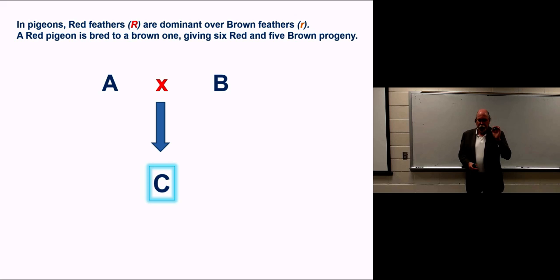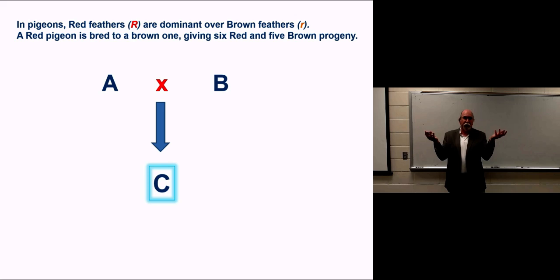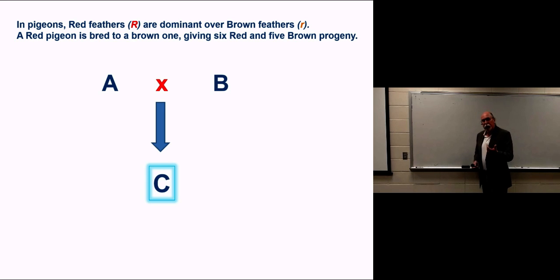So problems are written either top down, as it's called, where I'll give you A and B. I'll say, this parent is blue and this one's green, and what kind of kids are they going to have, right? That's a top down problem. Or they're bottom up, where I give you C and you have to tell me all you can about C plus A and B. Tell me what the parents look like. We're going to get very complicated with this.